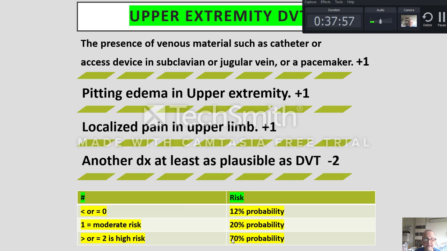Another diagnosis, at least as plausible as DVT, is a -2. So that would be probably right around a 70% probability. I think I'm interpreting this screen correctly.